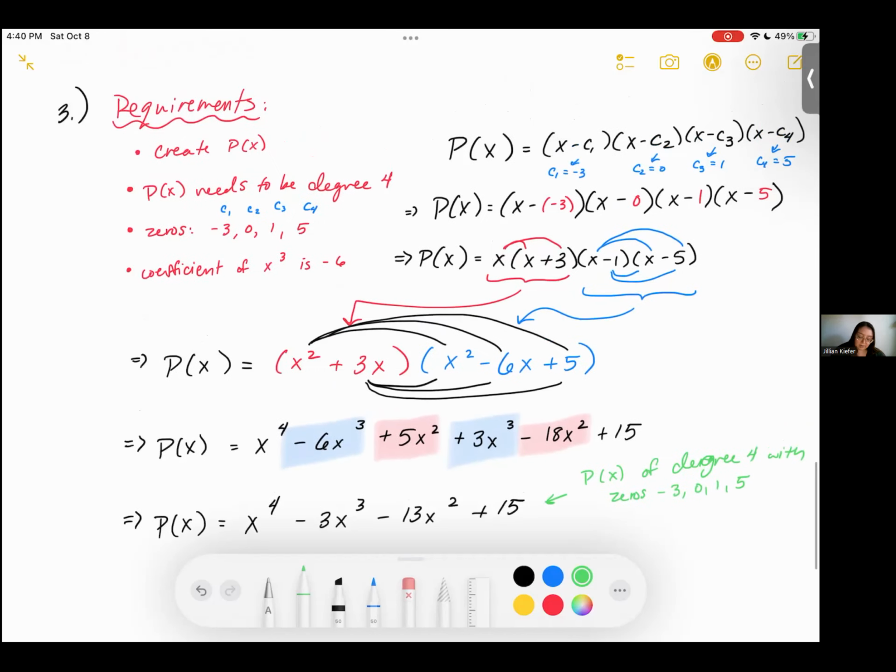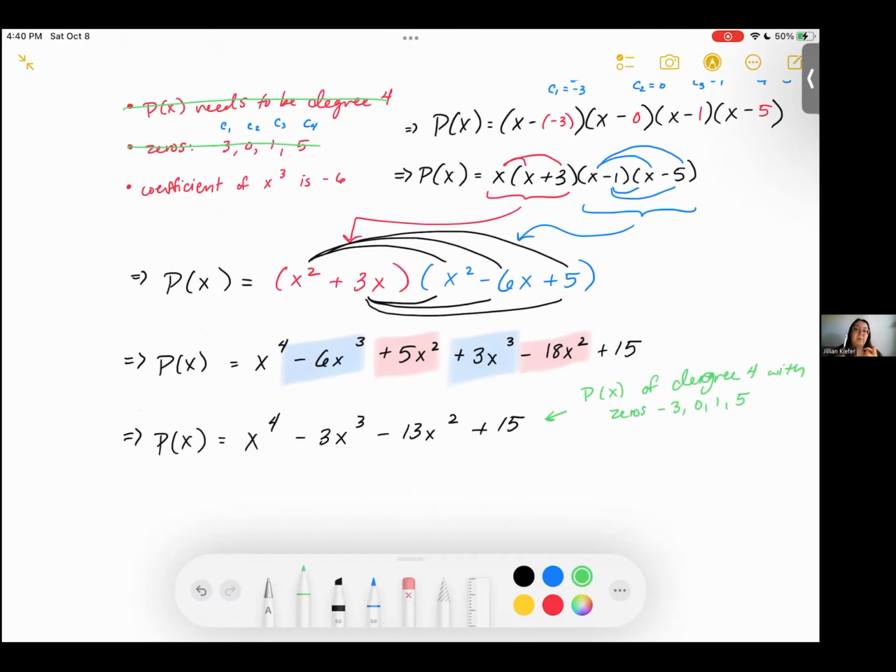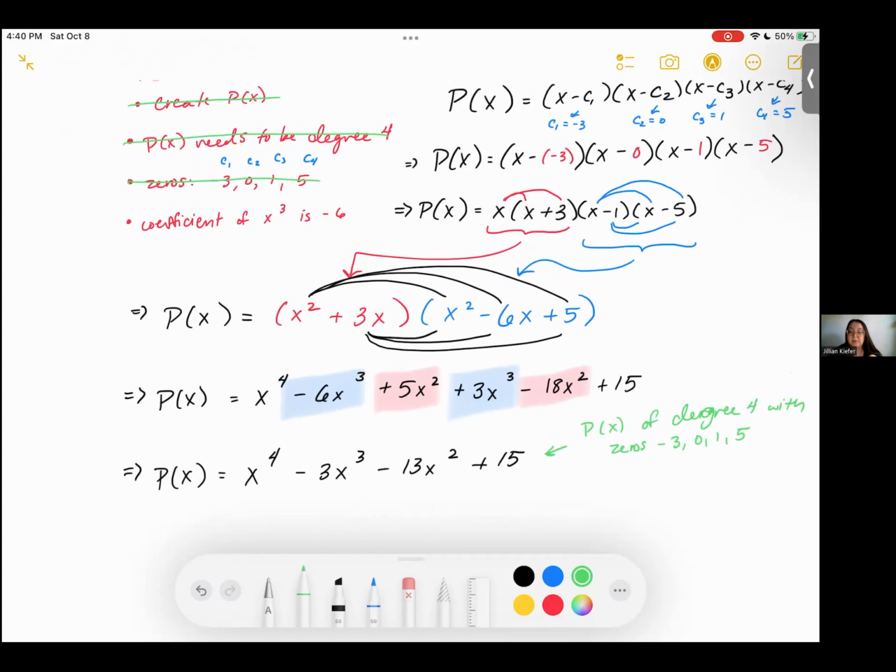So on our requirements, we have satisfied the first three statements. We saw the highest exponent was 4, which means it was degree 4. When we set up our factors, we included those zeros, so that's how we know it has those zeros, and we created the polynomial in general. So that was the first three requirements.